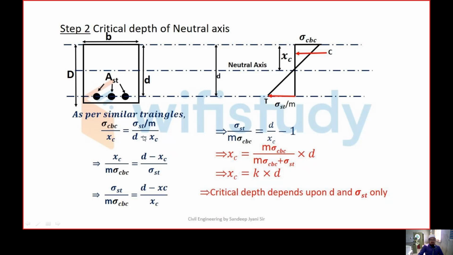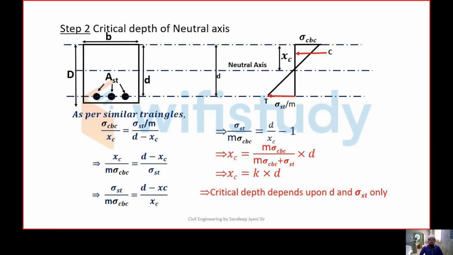The remaining sigma st goes into the denominator, and d minus xc, when cross multiplied, goes into the numerator. So that's how this equation comes: xc by m sigma cbc is equal to d minus xc by sigma st.